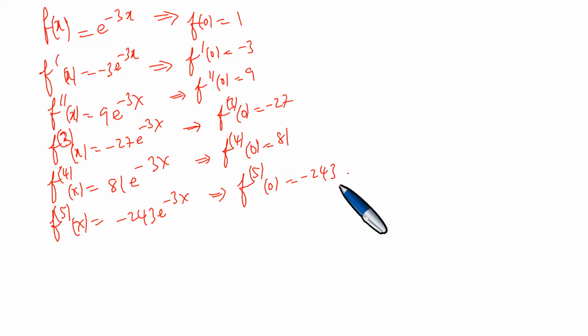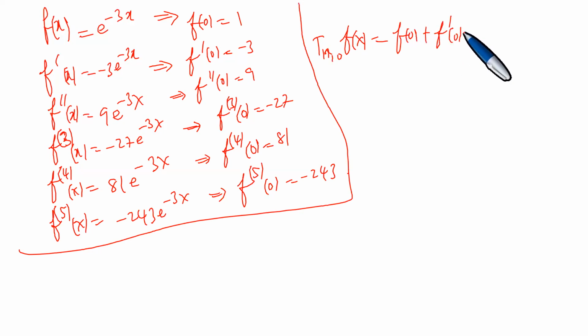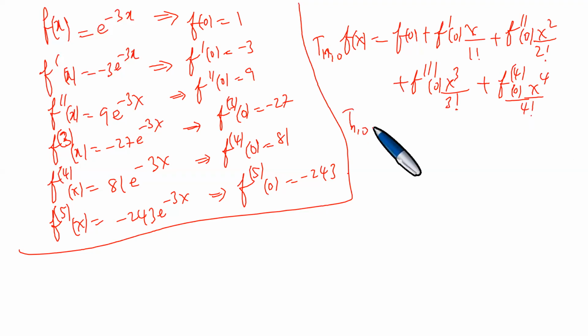So we want first the Taylor series. The formula, we know therefore that f of x is f of 0, plus f prime of 0 times x over 1, plus f double prime times x squared over 2, triple prime, quadruple prime.